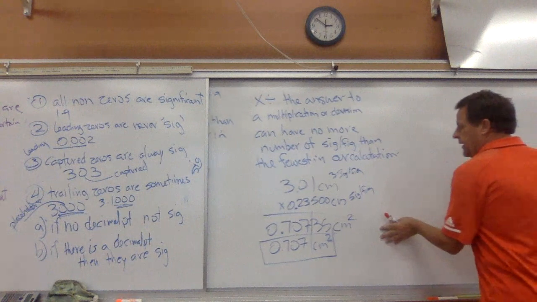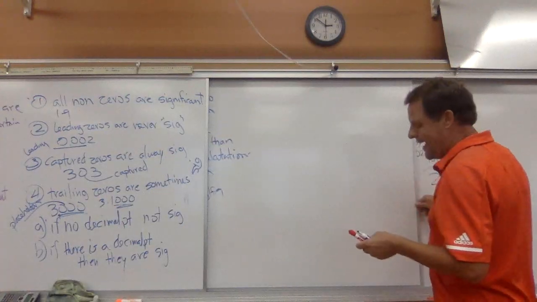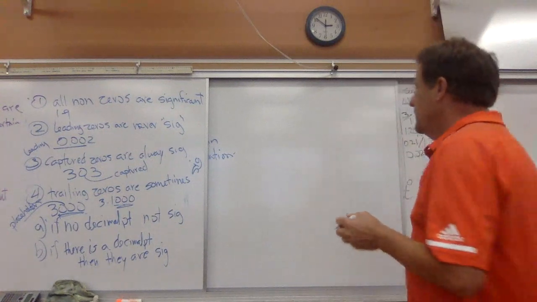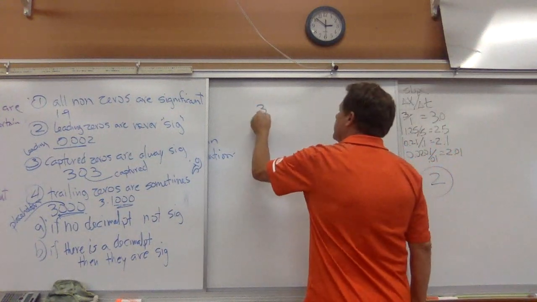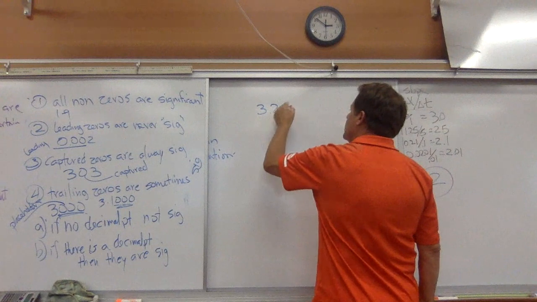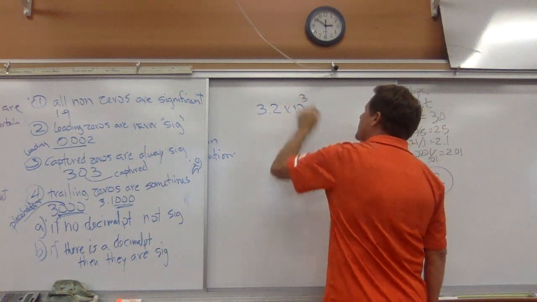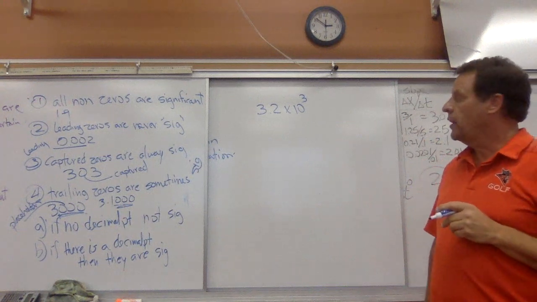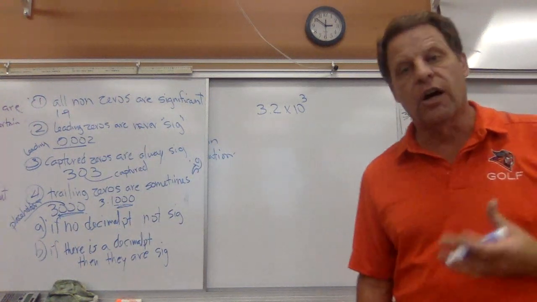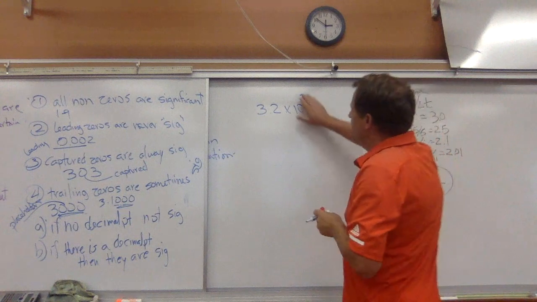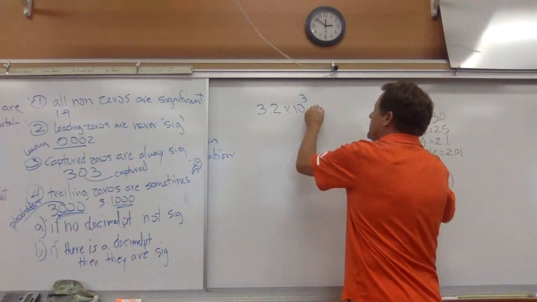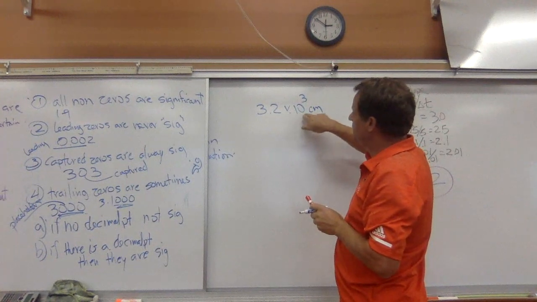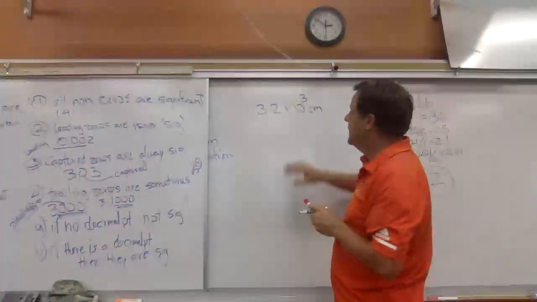Okay, almost done here. If we have a number in scientific notation, let's say 3.2 times 10 to the third, and we want to know how many significant digits there are, well, we just have to look at the numbers that are in front of the times 10 to the third.